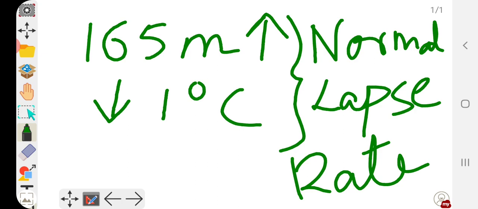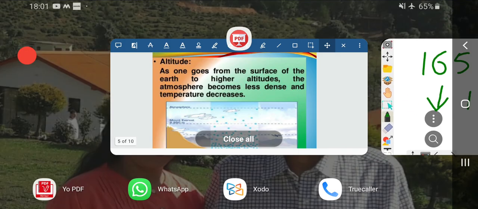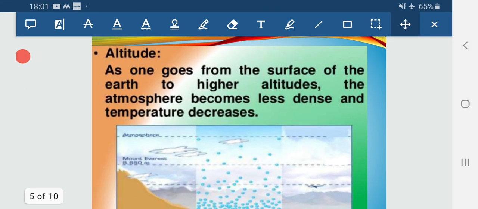Why? Because it is situated at a height of 7,000 meters. So due to its altitudinal aspect, the temperature condition is different, though it is located on the same latitude. So this is related to the altitude factor, the second factor.